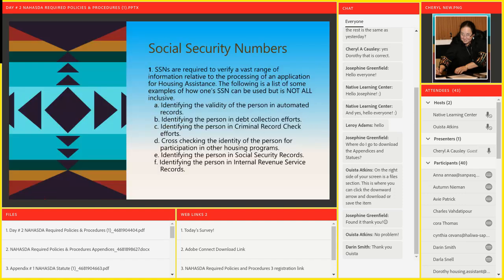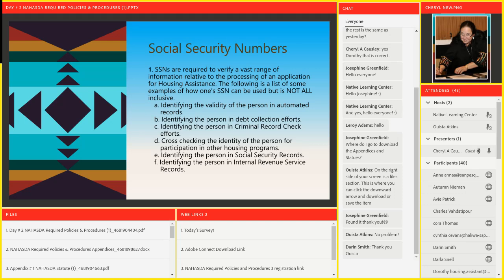Our social security numbers are required to verify a vast range of information relative to the processing of our applications for housing assistance. The following is a list of some of the examples of how one social security number can be used, but it's not all inclusive by any means.